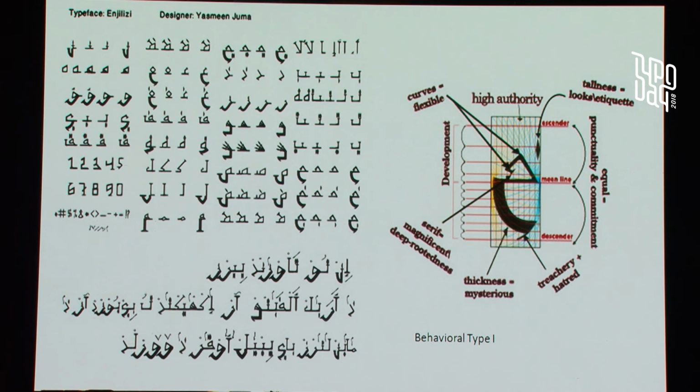This was designed by Yasmin Jum'a, and she suggested that English people show you this, they don't show you everything, they show you only a certain part. So she used the baseline, upper baseline, lower baseline, and that's how she tried to put this.